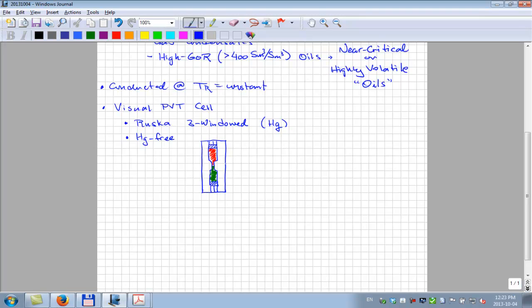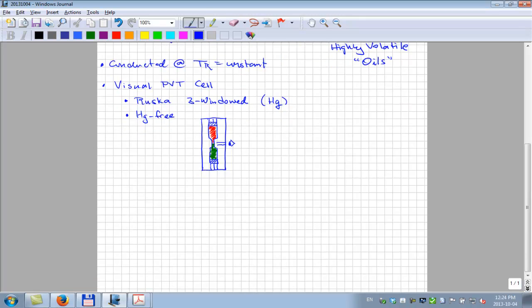So there's basically your eye is here. There's a visual inspection, where the cell becomes small, maybe with a glass here so that you can see through it. So you can move the gas and oil up and down, change the volumes, and basically inspect it like that. There are other types of cells, but something like that.